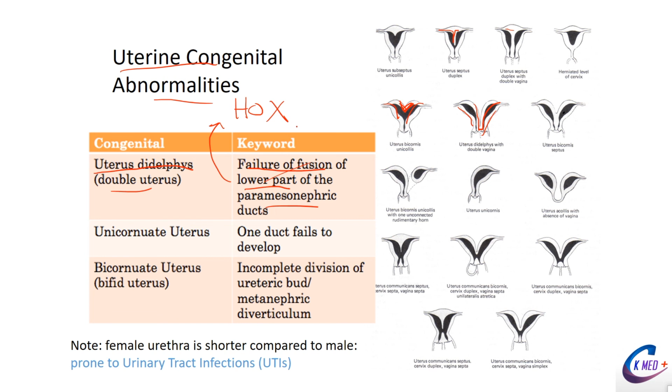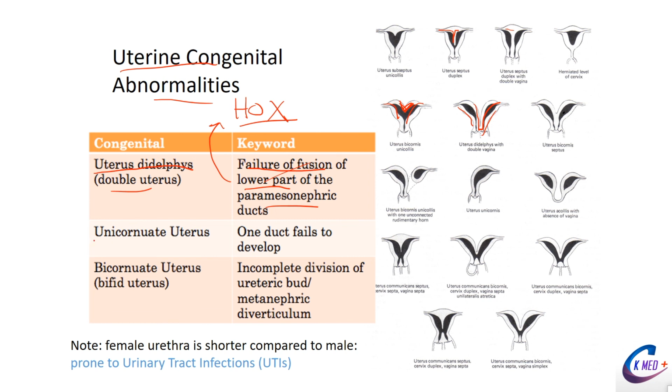They do all the orientation and location, what should be found where, and our paramesonephric ducts should be found close together at midline. When they're not and they're separated, Hox genes have failed to bring those two together.